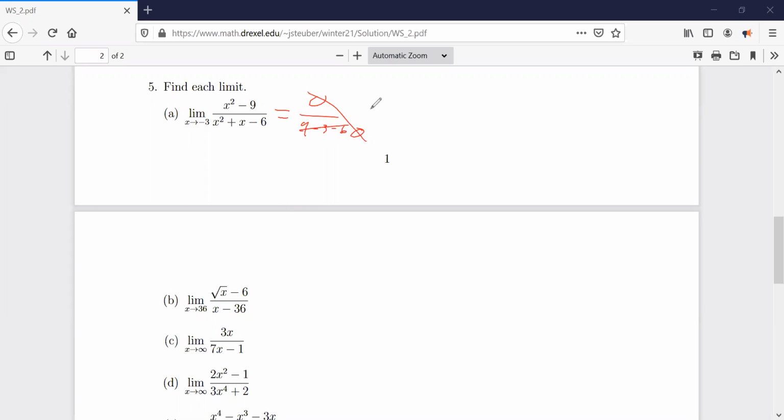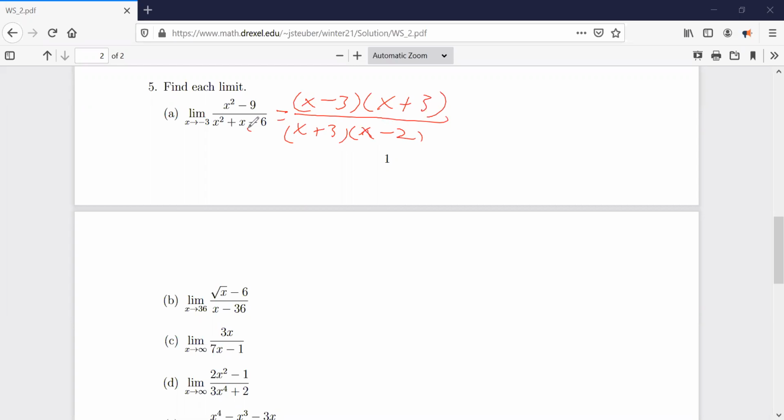So what I need to do here is factor it. The top is a difference of two squares, so it's going to be x minus 3 and x plus 3. And then the bottom is going to be x plus 3 and x minus 2, right?